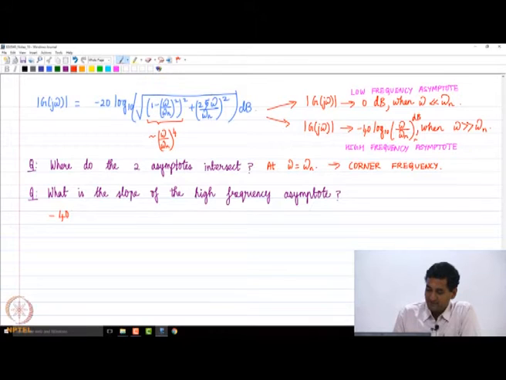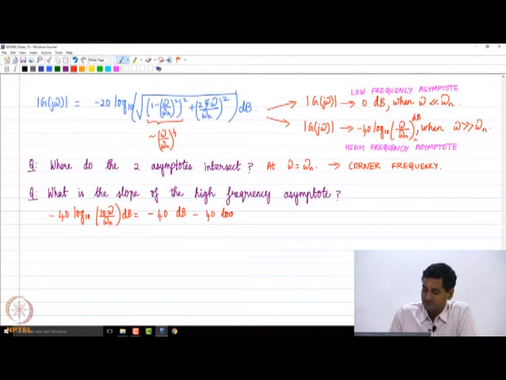We see that minus 40 log to the base 10 of 10 times omega by omega n is going to be equal to minus 40 decibels minus 40 log to the base 10 of omega by omega n in decibels.